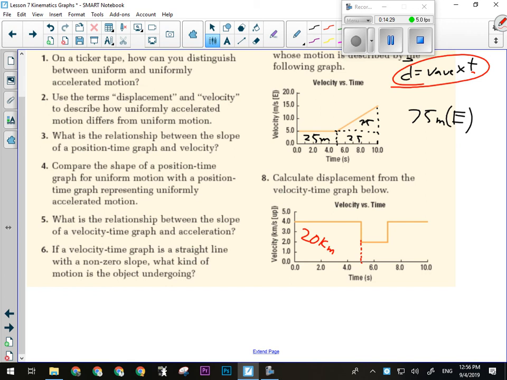Everyone okay there? And then here, it moves at 2 kilometers per second for 2 seconds. So that's going to be another 4 kilometers. And then here, 4 kilometers per second for the next 3 seconds. So that'll be 12 kilometers.